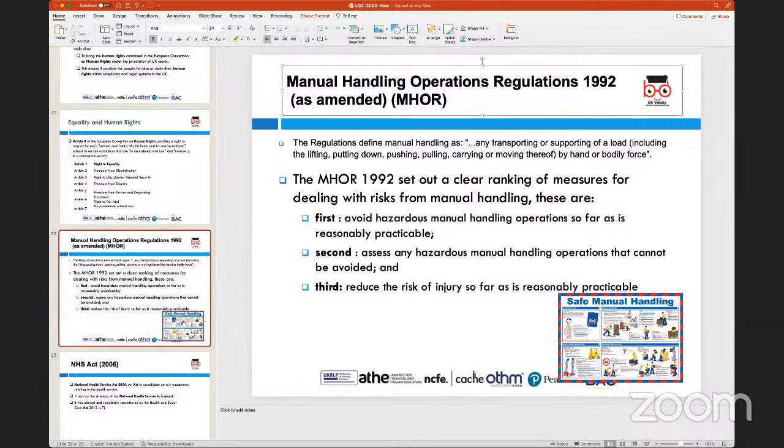This ensures that if any risk is arising from handling of hazardous material, it is mitigated. It also sets various standards for lifting of goods or equipment, so that manual handling tasks do not put a person's life at risk.